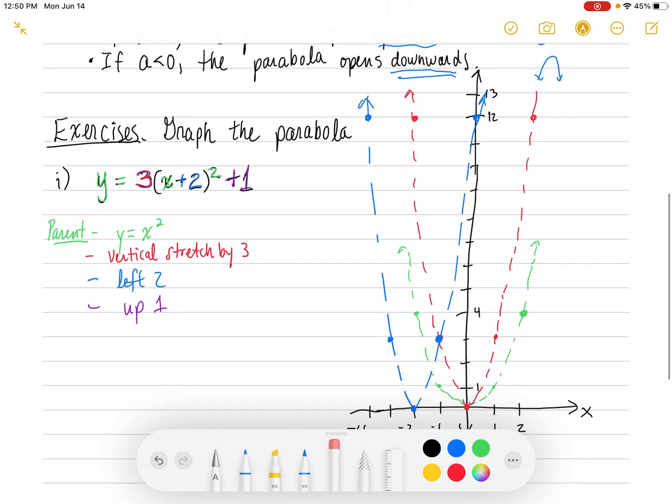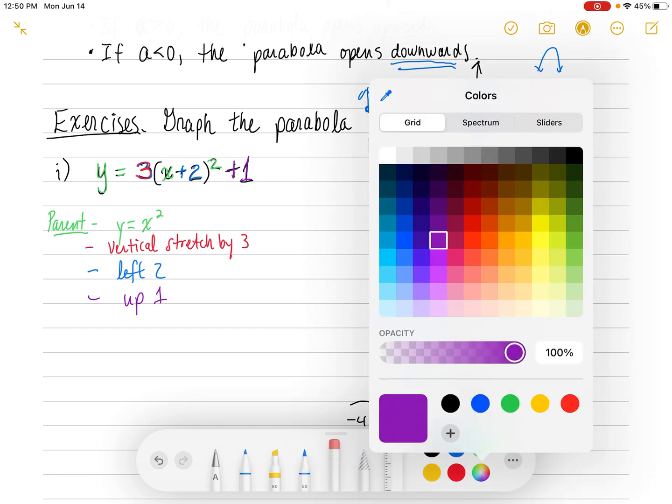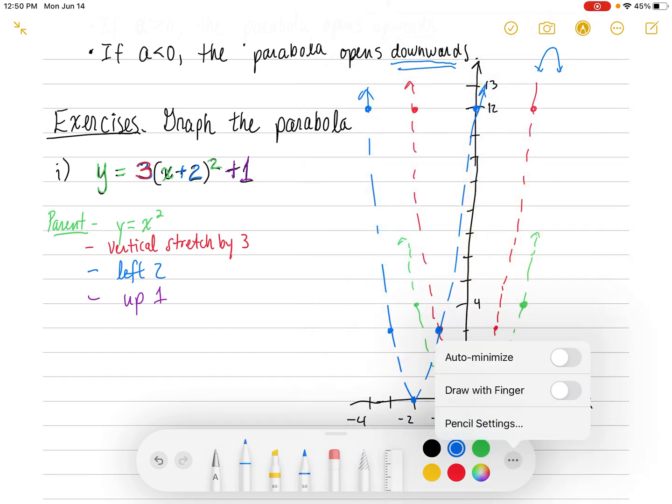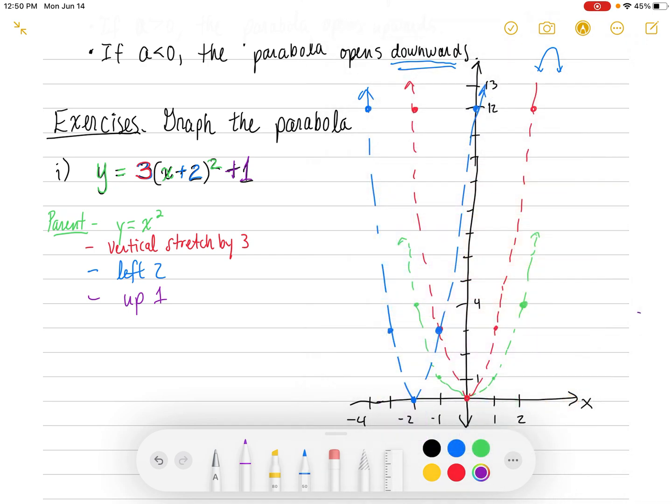Okay, so we got the blue, and now we're going to do the purple. We're going to move everything up 1. Starting in the far left with the blue, negative 4, 12 is going to move up 1. Here at negative 2, 3, we're going to move up 1.